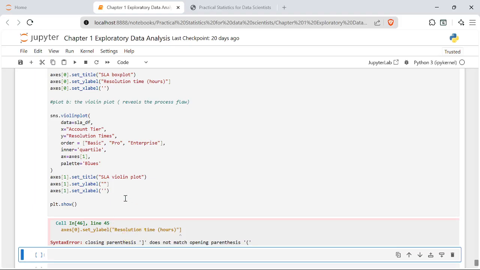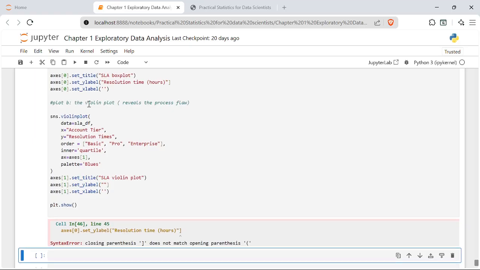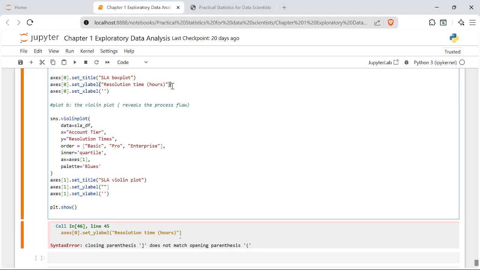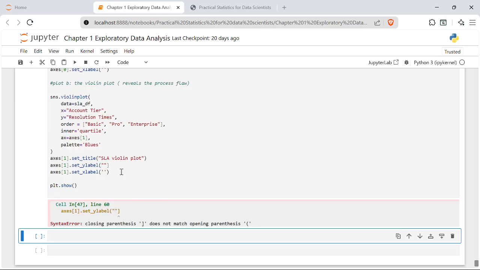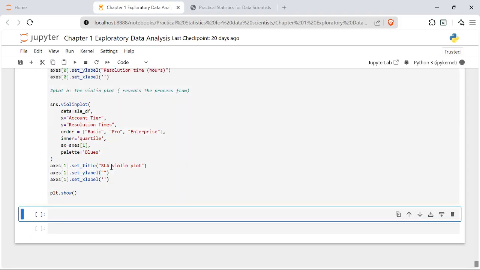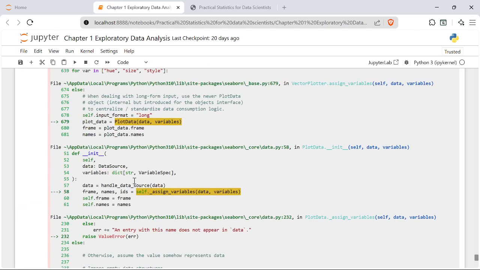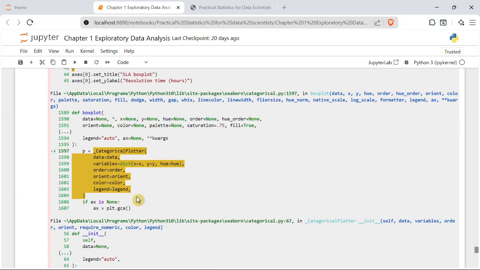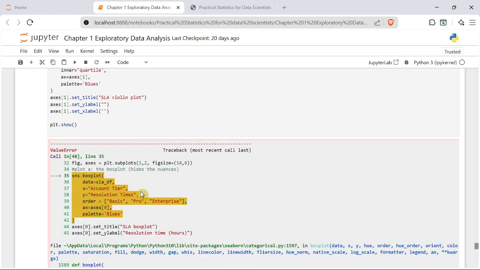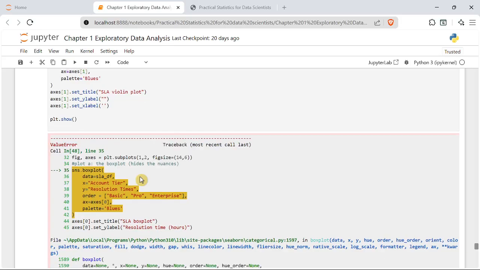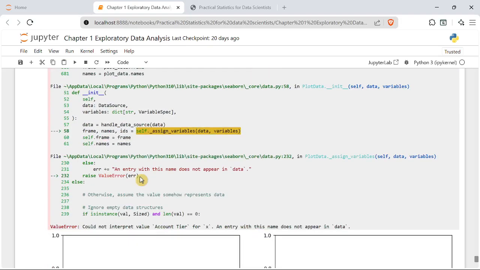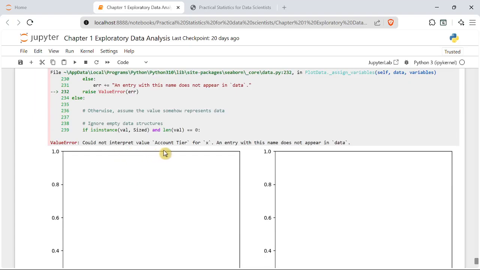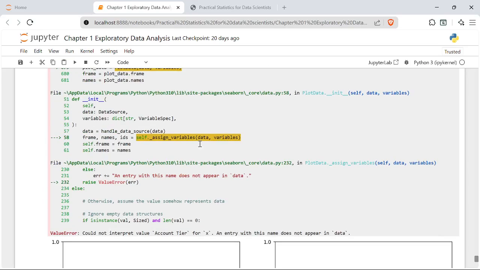Line number 49 and line number 60 have errors. For sns.boxplot: could not interpret account tier for x, an entry with this name does not appear in the data.